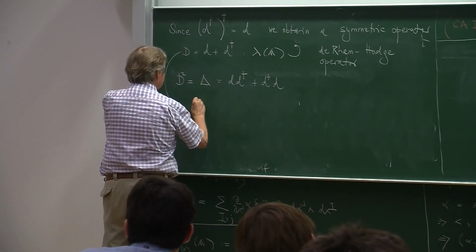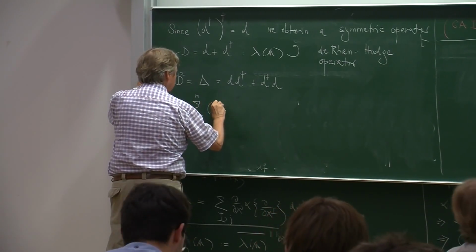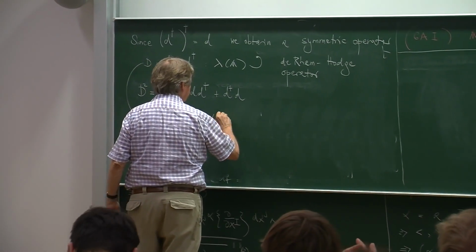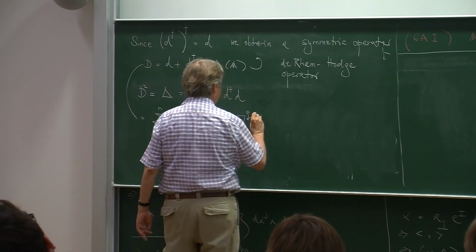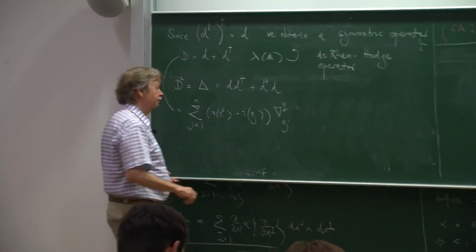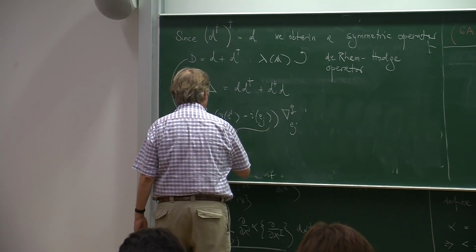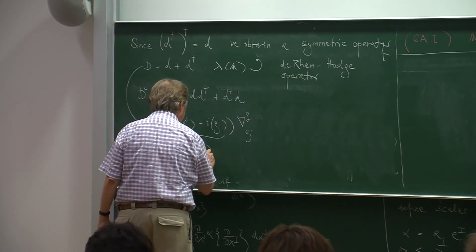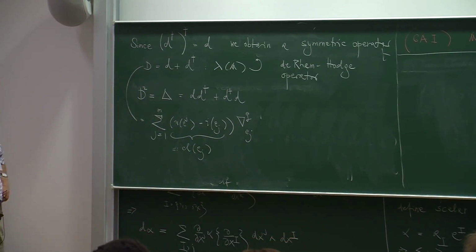This operator equals, in a frame, the wedge multiplication minus the interior multiplication times the Levi-Civita derivative in the direction of e_j. And this here looks intriguing, and therefore we call it the Clifford multiplication by, now we have to make a decision, so we take this vector. And this has interesting properties.